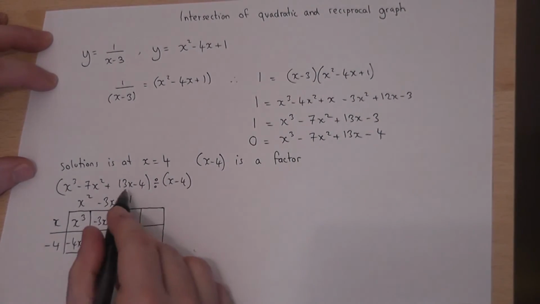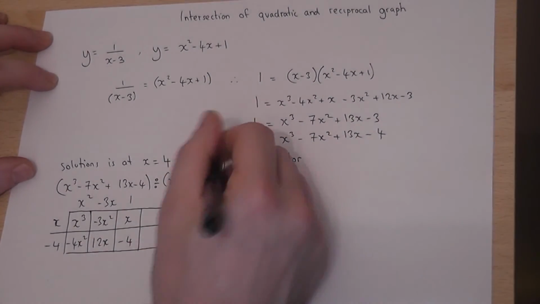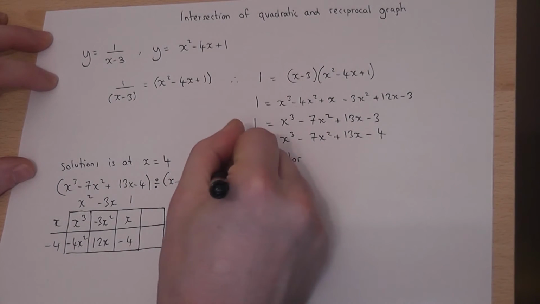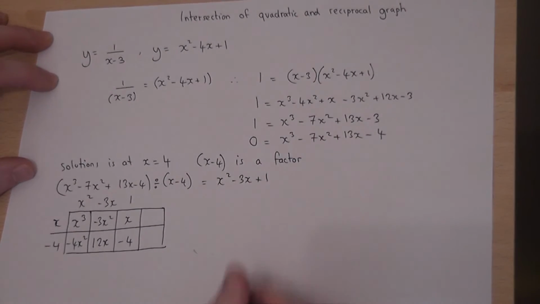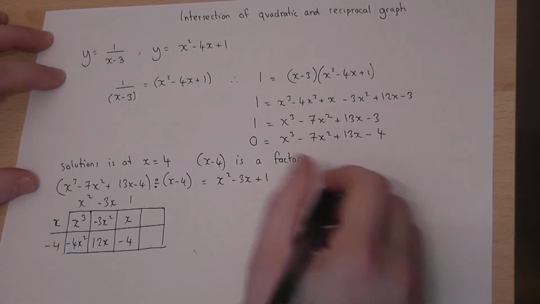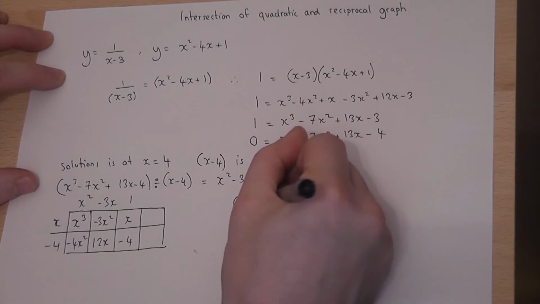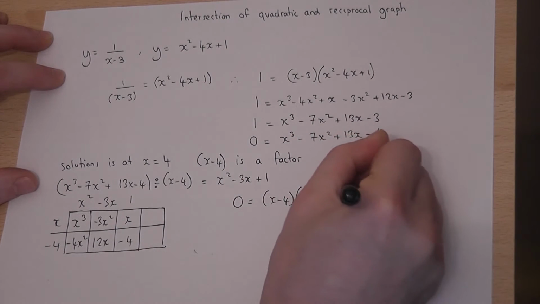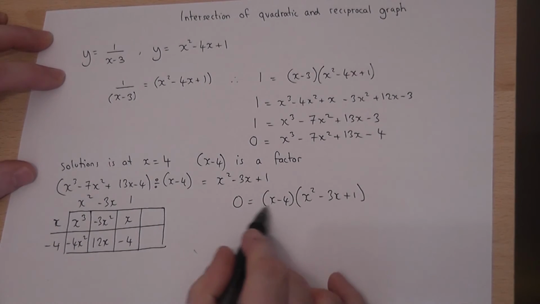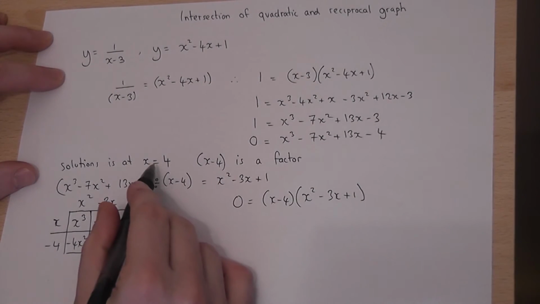So therefore, if I divide through by x minus 4, I'm left with the top line, which is x squared minus 3x plus 1. So therefore, this whole thing here factorises to x minus 4 bracket x squared minus 3x plus 1. That's my known factor, which gives my known root.